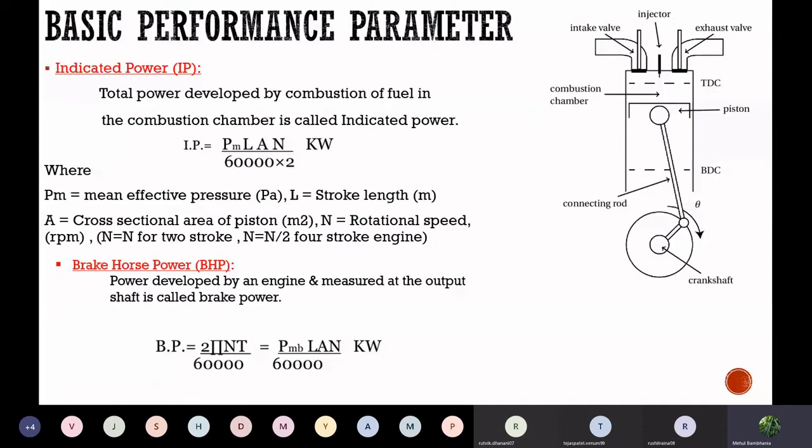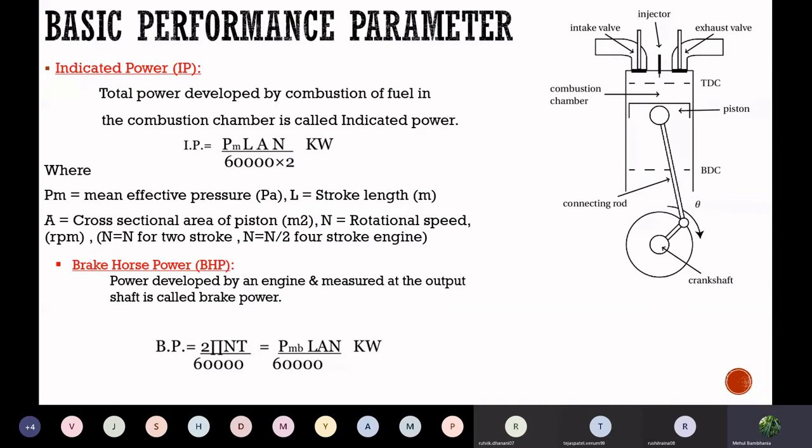The reason behind that is the difference between a 2-stroke and 4-stroke engine: a 2-stroke engine can generate power in each rotation, in each RPM, while the 4-stroke engine has its power stroke only after two revolutions of the cycle.